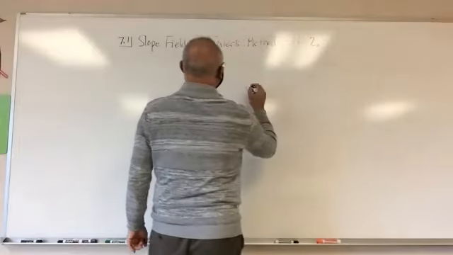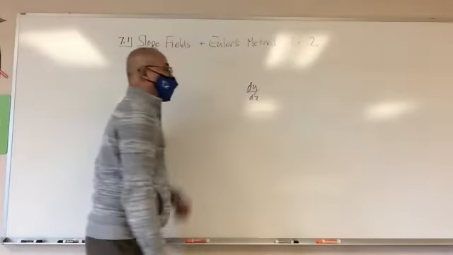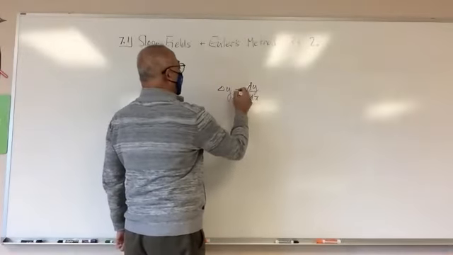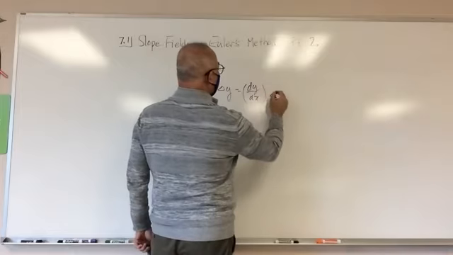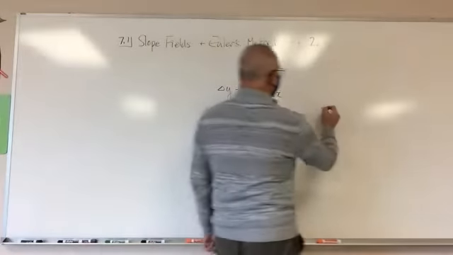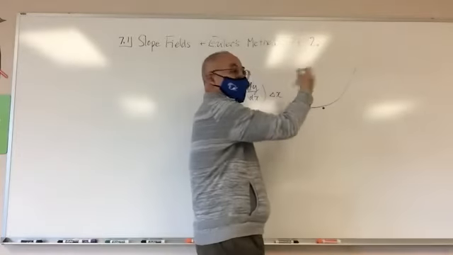And the point that we're going to make here is that delta y is going to be this times the delta x. In other words, if I start at this point, this is the graph itself, what we're trying to find. We don't know what it is.